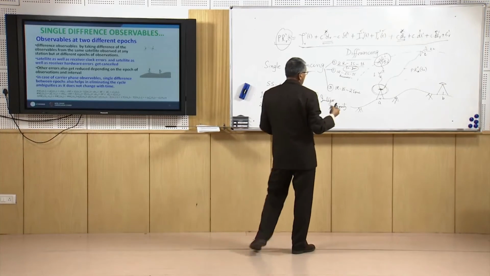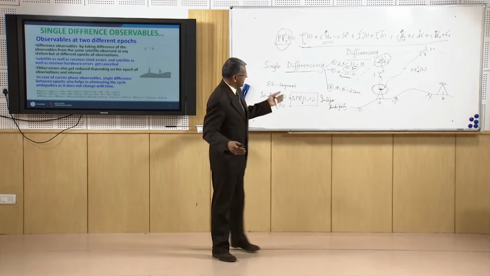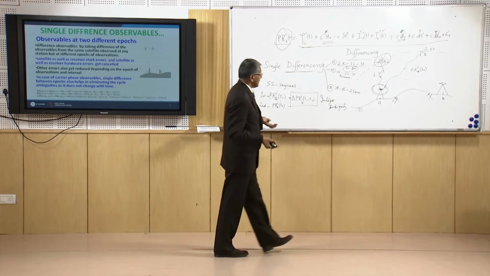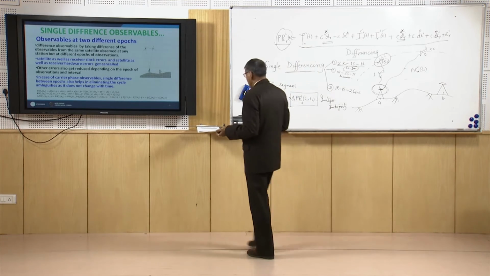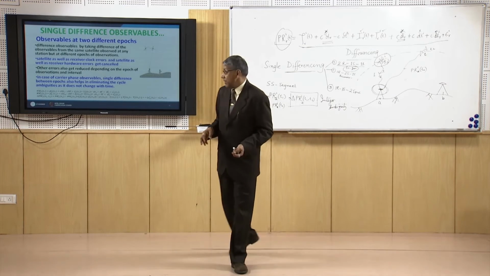And in the case of carrier phase observables, integer ambiguity will be removed. So this is, in short, the method of single difference.